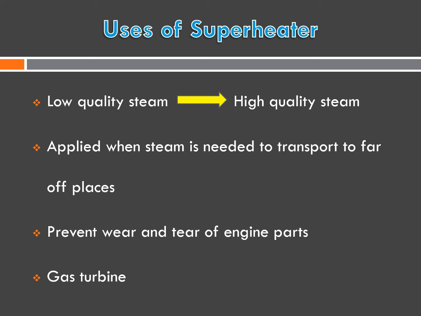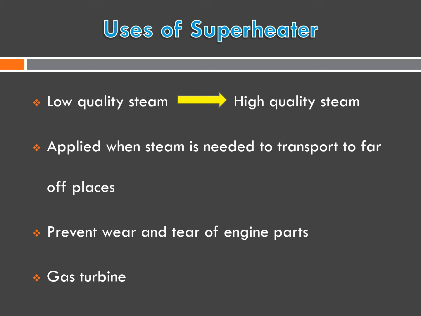Temperature usually is lost during its transportation. Therefore, a superheater tries to maintain or increase the thermal energy, and most likely it will also decrease the condensation inside the steam.